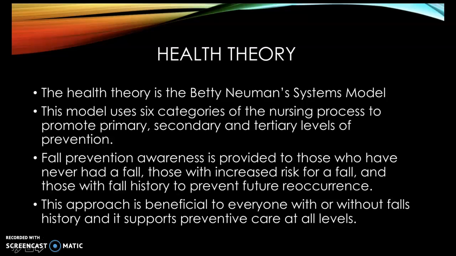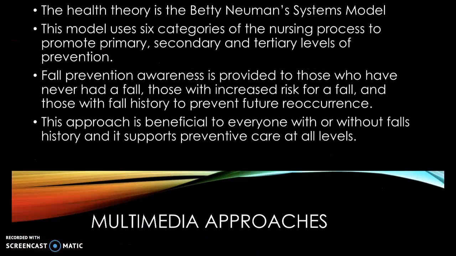It basically offers prevention awareness that is provided to those clients that have never had a fall, those that are at risk for a fall, and those that have a history of a fall, which covers the primary, secondary, and tertiary levels of care. And the goal is to prevent either a new first-time fall or reoccurrence of falls. This approach is beneficial to everyone with or without a fall history, and it supports preventive care at all levels.